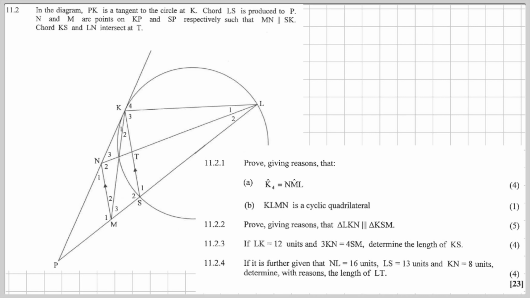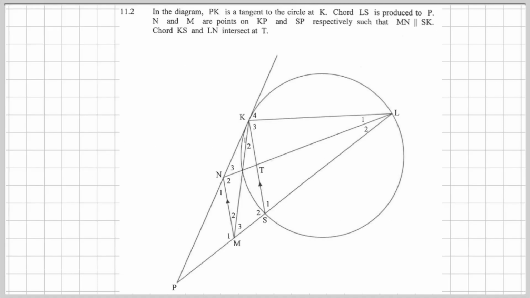As we look at the sum, I hope that you realize that before I even look at any of the questions, I'm going to mine, delve and dig through the information as best as I can. So in the diagram, PK is a tangent to the circle at K. I'm going to think about theorems 7, 8, and 9, because those are my circle theorems.